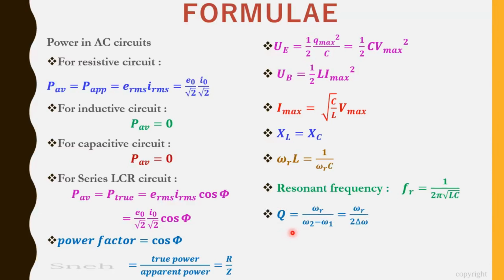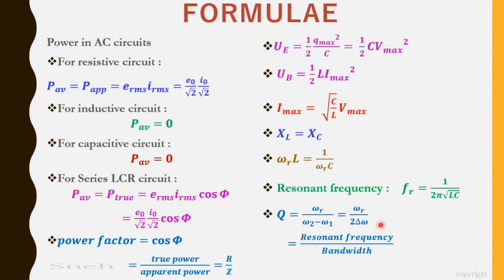Then comes Q factor. This Q factor is the ratio of omega R to omega 2 minus omega 1, or the ratio of resonant frequency to bandwidth, that is omega R divided by 2 delta omega, which is resonant angular frequency divided by 2 delta omega. Same Q factor we can write as the ratio of resonant frequency to bandwidth.